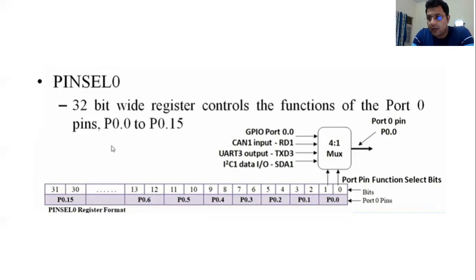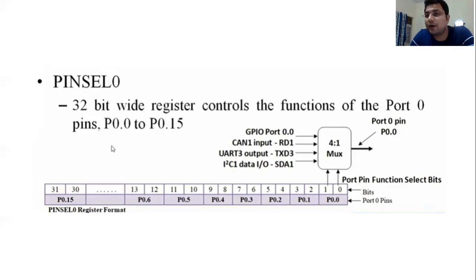If you target any port, suppose port number 0, we want to understand how many bits in total we require to configure all the pins corresponding to port number 0.